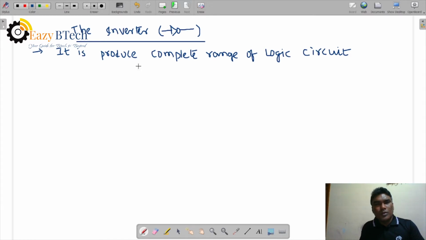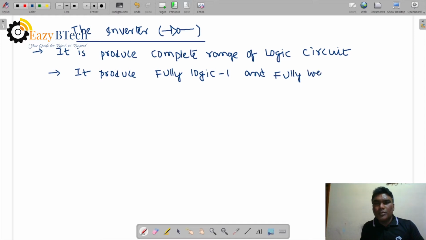It produces an output of fully logic 1 and fully logic 0. So this is the inverter output.